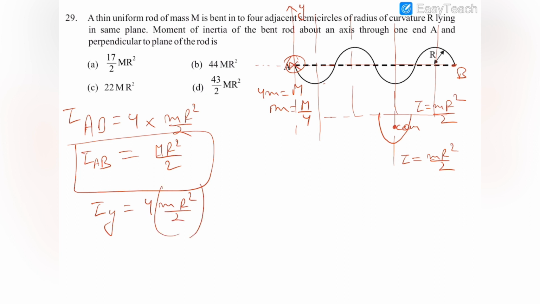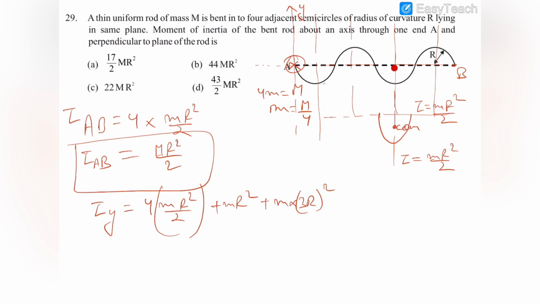Now we have to write the term mh square for each of the rings. So this is r, so we can write mr square, plus this distance is r, and this is r, so this is 3r, so we write plus m into 3r whole square.